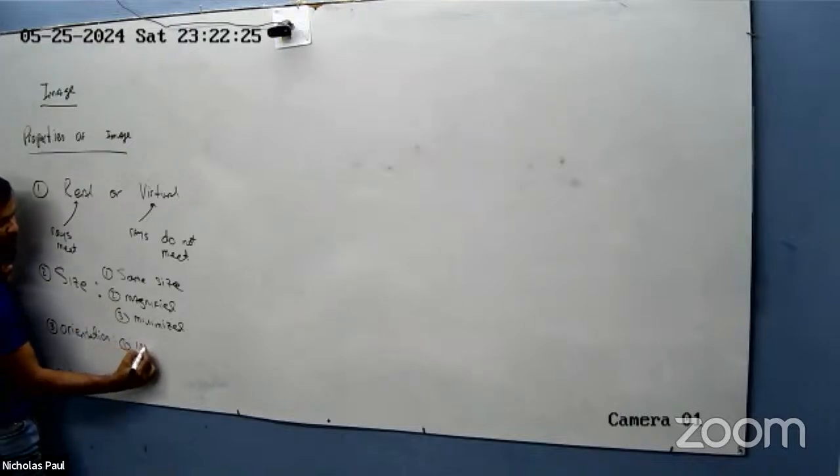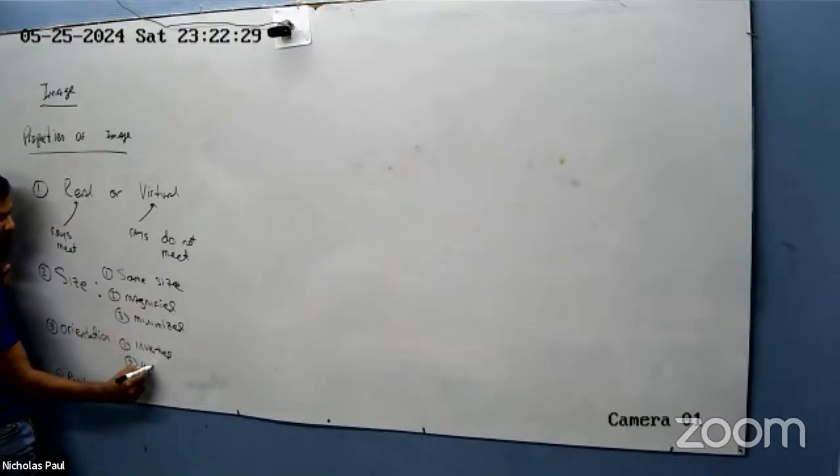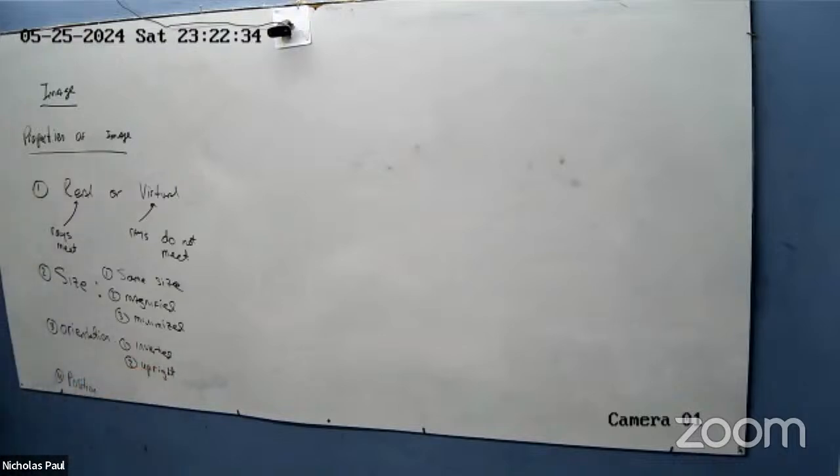Orientation, I want to know if they're inverted, upside down, or upright. And the last thing, we need to know the position. All right? So those are the four things that I want to know about every image.